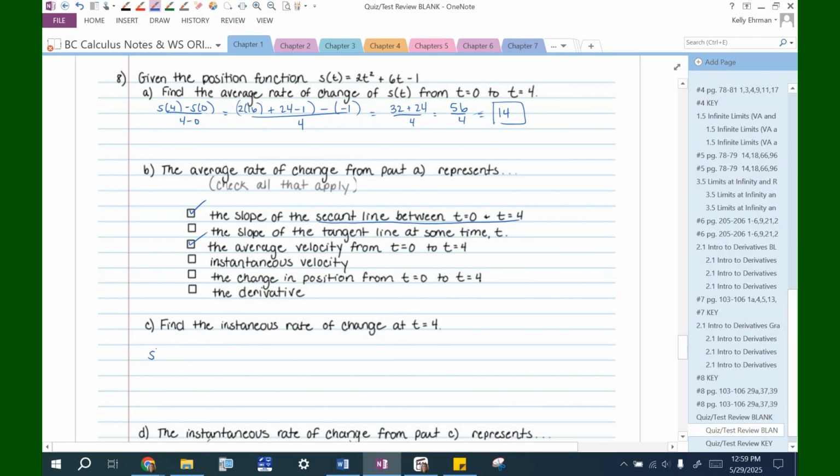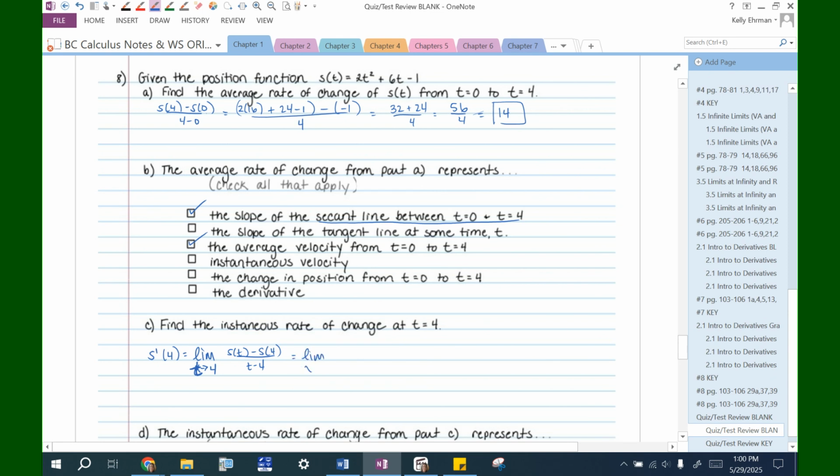Find the instantaneous rate of change at t equals 4. So they want me to find s prime of 4. I will use my limit as t approaches 4 of s of t minus s of 4, over t minus 4. Gosh, I keep writing x's when I should write t's.